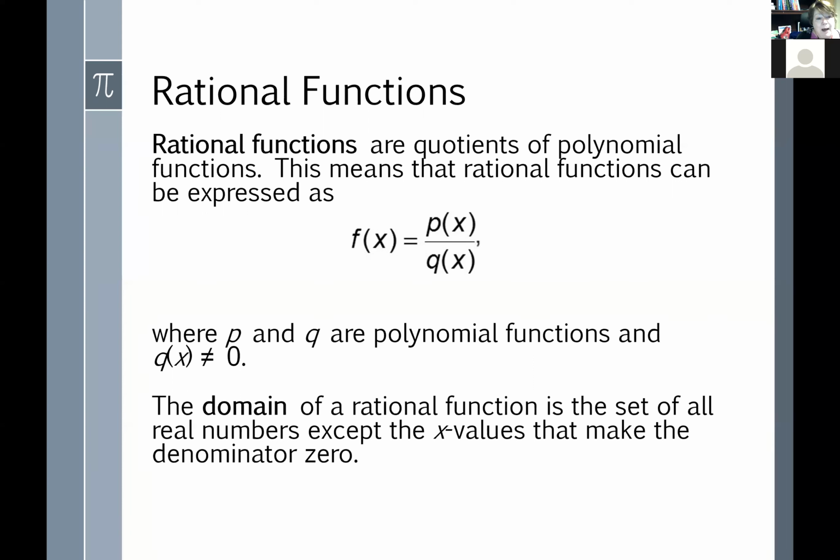So by the nature of how a rational function is defined, you have or may have restrictions on the domain of this function. Q of x cannot equal zero. So when you're looking at a rational function, you may have to restrict the domain in such a way that the denominator cannot equal zero. And we'll look at that in just a second.